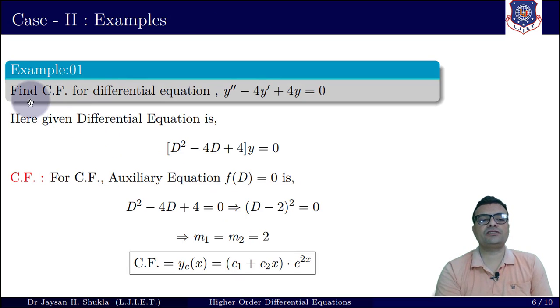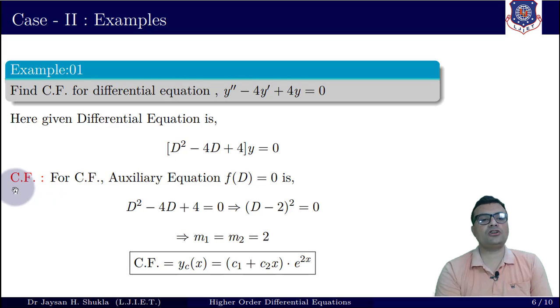The first example is to find the complementary function for this equation: y double dash minus 4y dash plus 4y equal to 0. Now here the given differential equation is (D square minus 4D plus 4) into y equals 0. This is the operator form of the given differential equation.